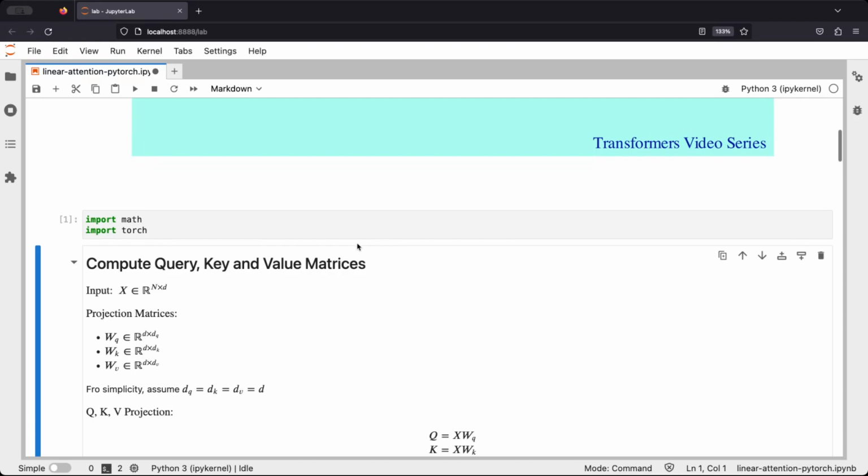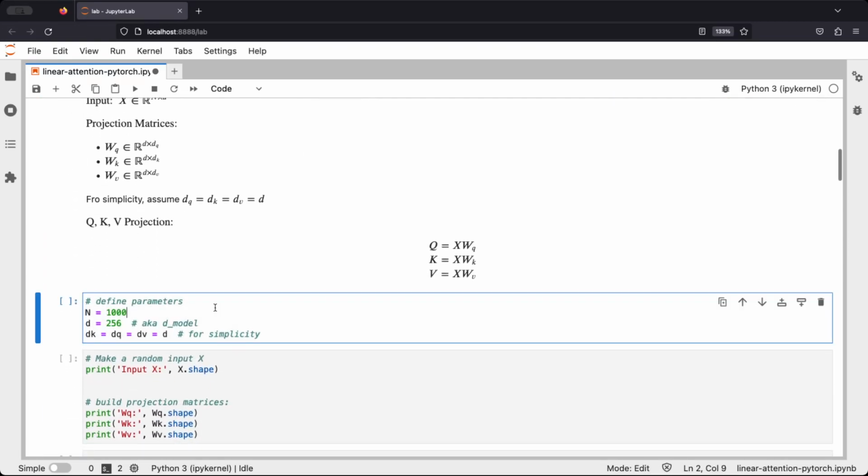So let's define our parameters. Since we want to work with long sequences, we assume that n, the sequence length, is 1000, and the dimensionality of the representation vectors is 256. And as I said, for simplicity, DQ, DK, and DV are also equal.